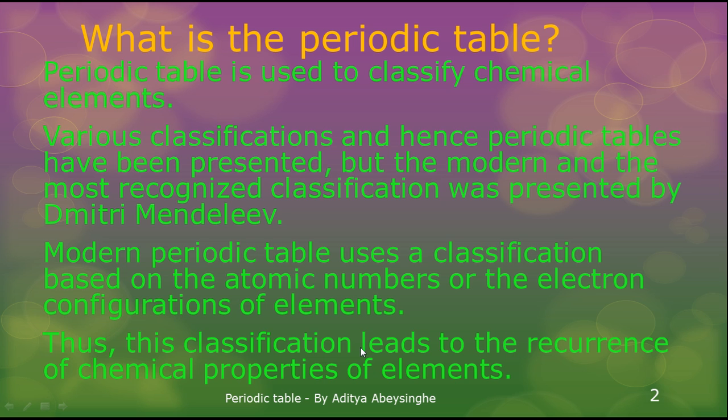Due to these electronic configurations, there's actually a recurrence. For example, if you take carbon and silicon, or oxygen and sulfur, they have recurring configurations. Carbon has an electronic configuration of 1s2, 2s2 and 2p2, and silicon has 1s2, 2s2, 2p6, 3s2 and 3p2.